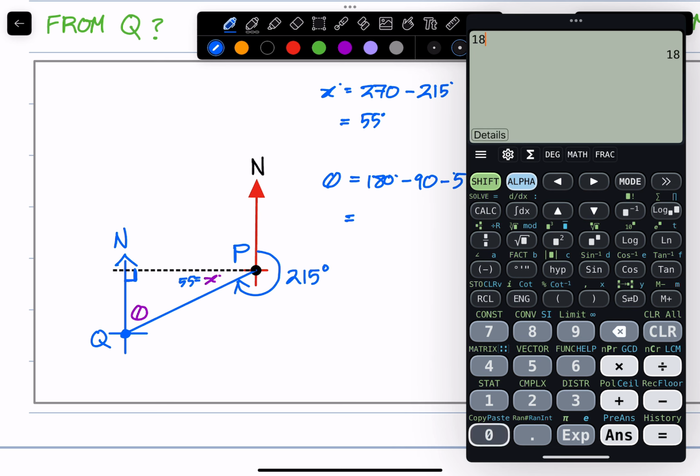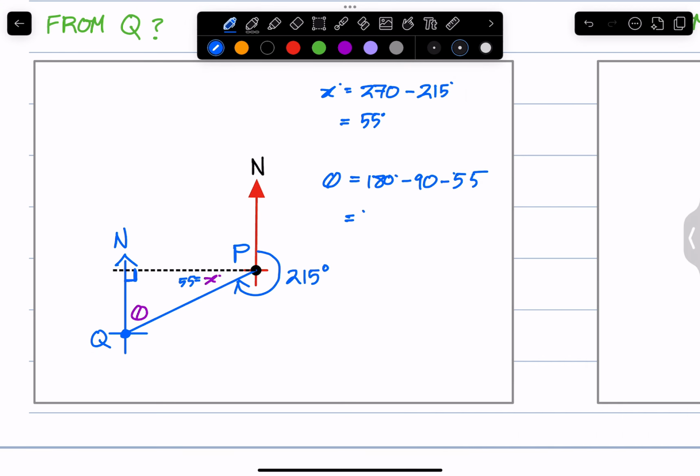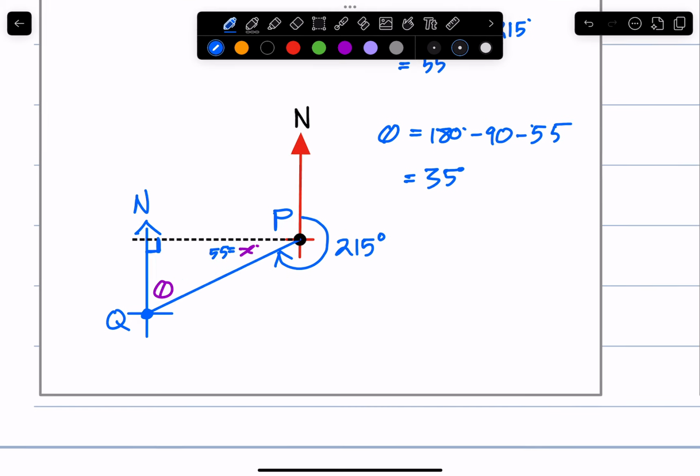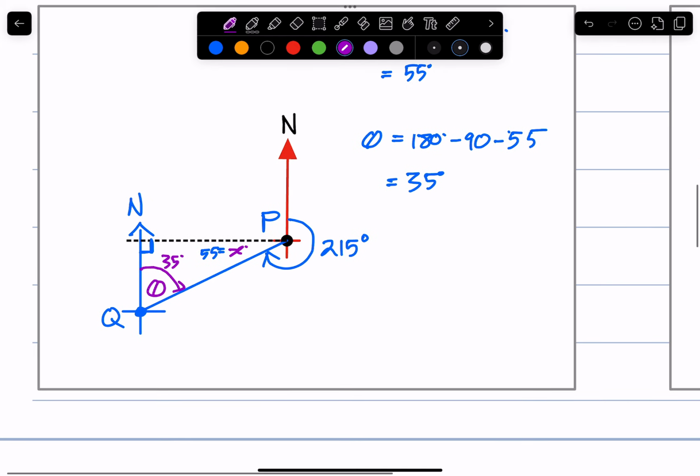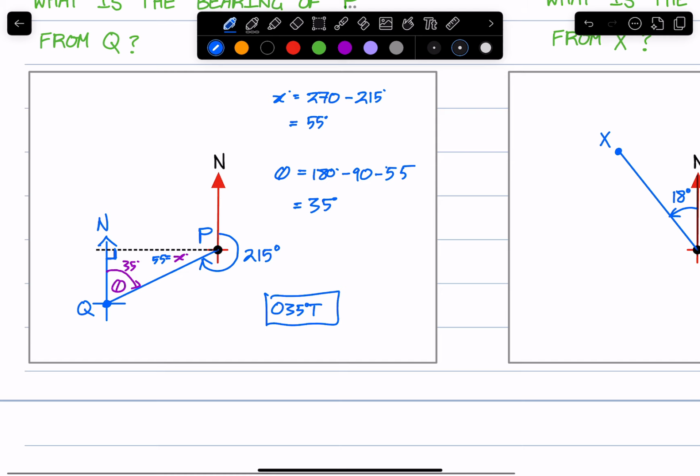So 180 minus 90 minus 55 gets us 35 degrees. So that angle theta, the one we're looking for, is 35 degrees. So the true bearing for this one is simply 035 degrees. I know we normally put T for true bearing, so let's just put that.